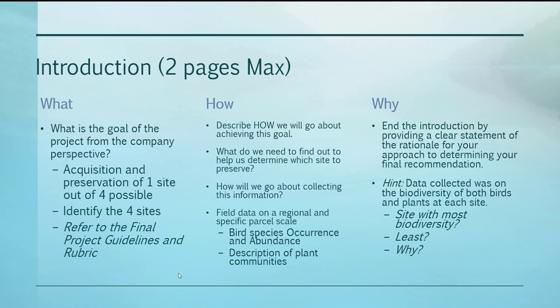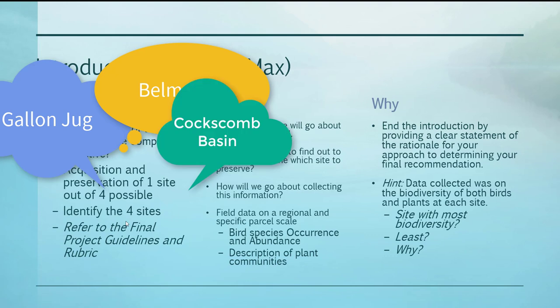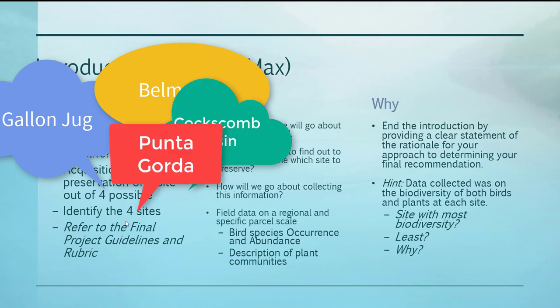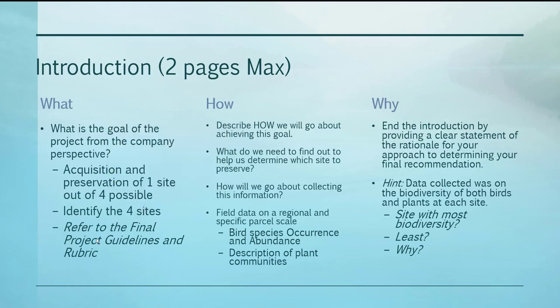You need to describe that in the what part of our introduction. So state the goal of the project, and you might want to identify the 4 sites by name: Gallon Jug, Belmopan, Coxcomb Basin, and Punta Gorda. Refer to the final project guidelines to get an idea of what the purpose of this project is about.